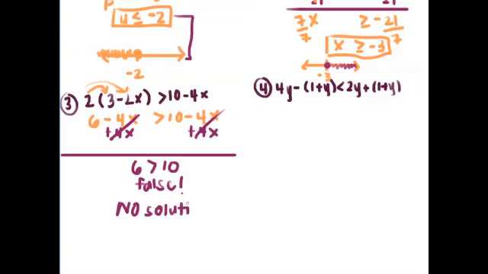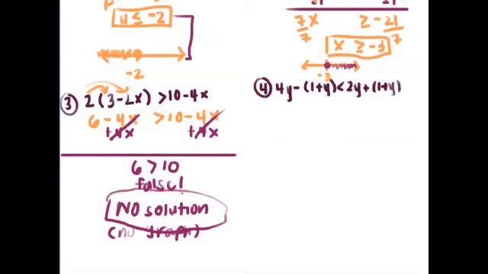So if you work this out and it ends up being false, you say there's no solution, and the good thing is that when there's no solution, we have no graph. So you don't even have to worry about a graph. What would you put on the line? You would just tell me that it's no solution, and I would already assume that there would be no graph.